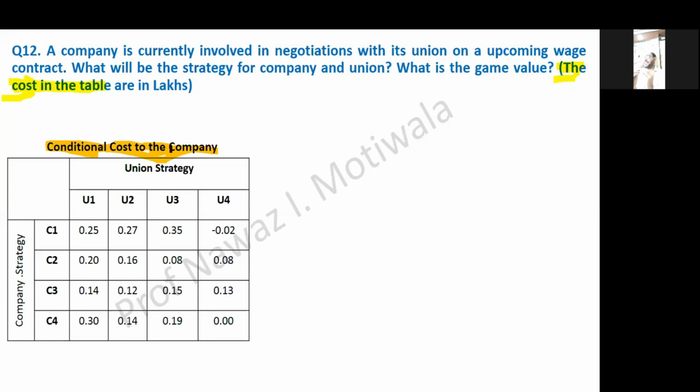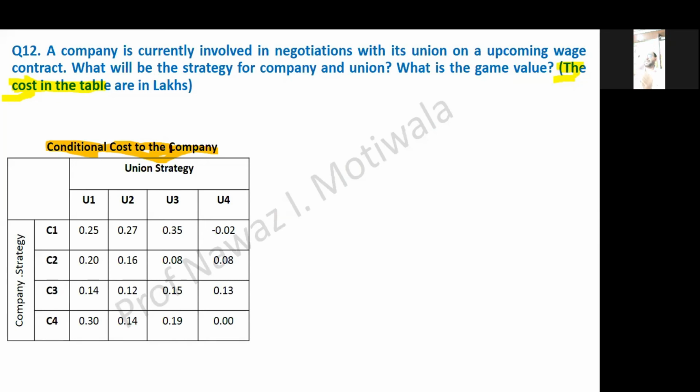So simple. Now I'll go for the simpler part. Wherever you find in the question that it is a cost to player A, or cost to company, or anything related to cost is given, then you have to change the table as per our need. And what is that change? It's a simple change.